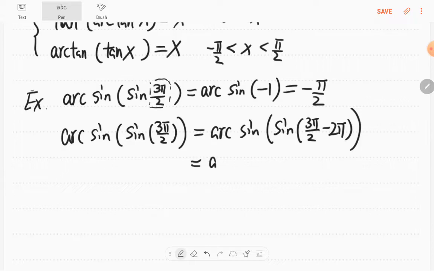So this is equal to arc sine of sine of negative pi over 2, which is negative pi over 2.